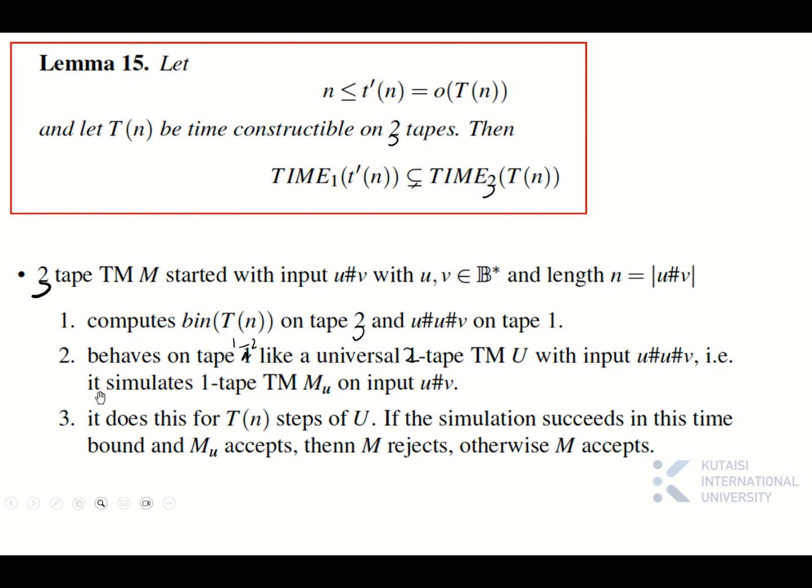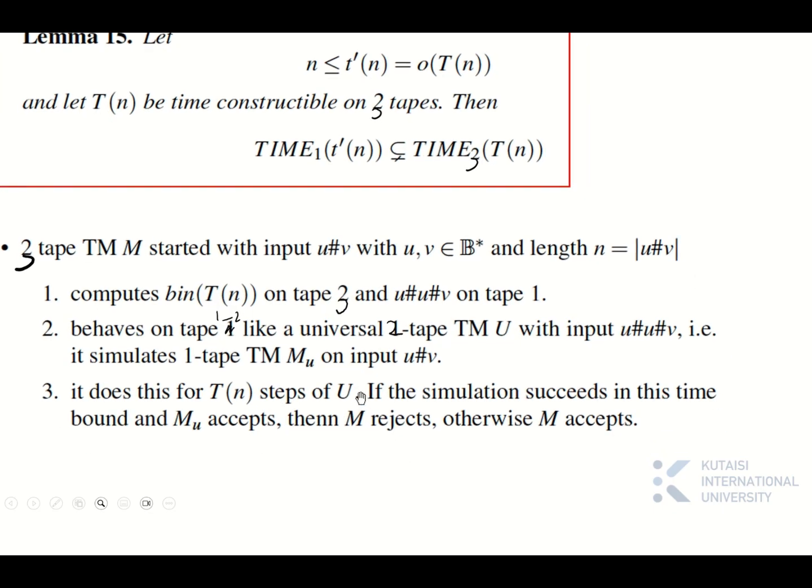What this means is I simulate a 1-tape Turing machine MU on input UV, for Tn steps. I have Tn written on tape 3, so I can do the simulation for Tn steps.